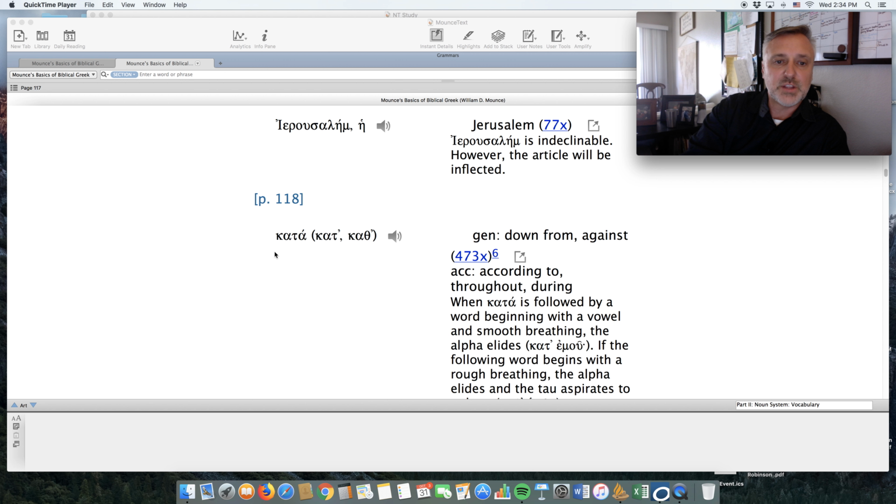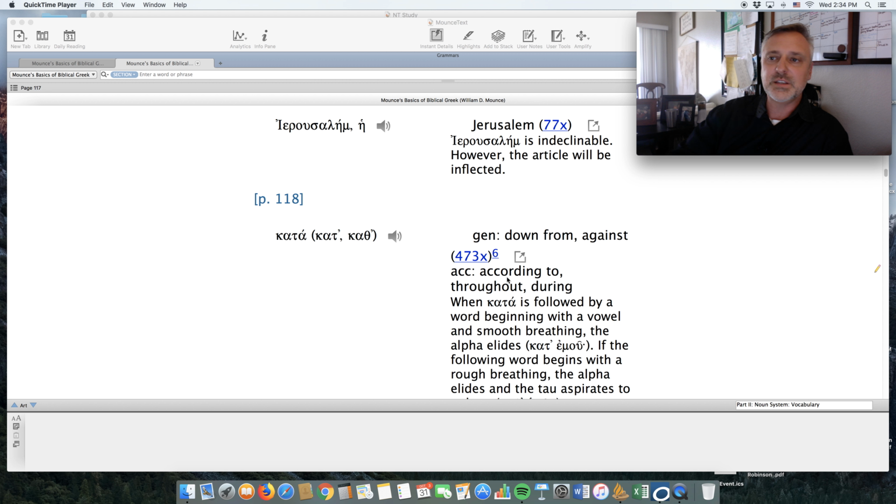All right, here's a preposition, kata. I always remember kata in the genitive is down from or against because you chop down, like you chop like a karate chop. Anyway, this is the way I remember things. The other thing, kata in the accusative, is according to.